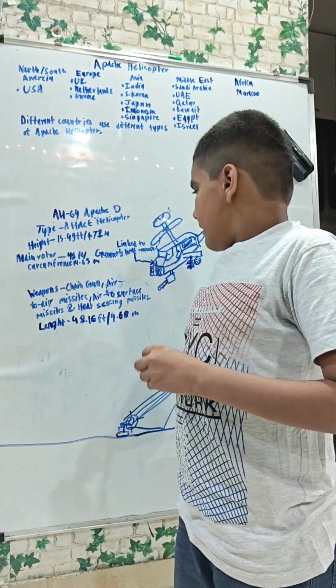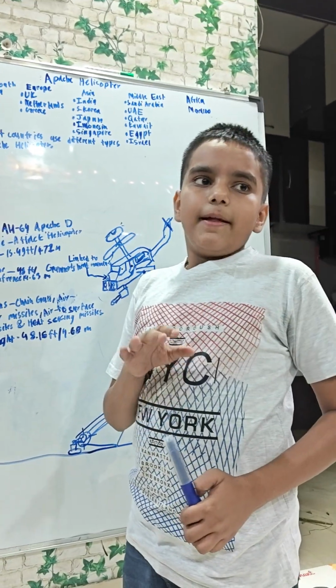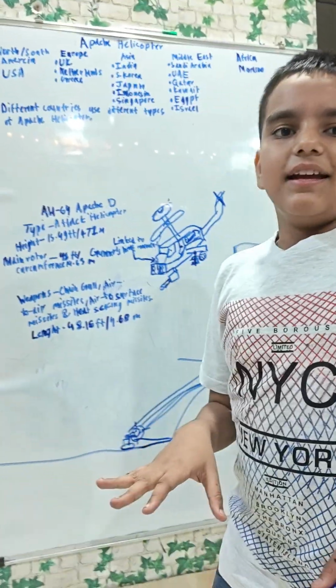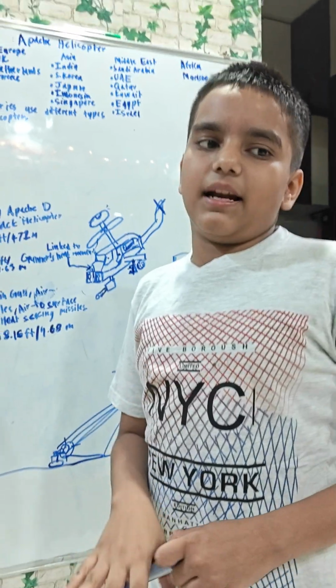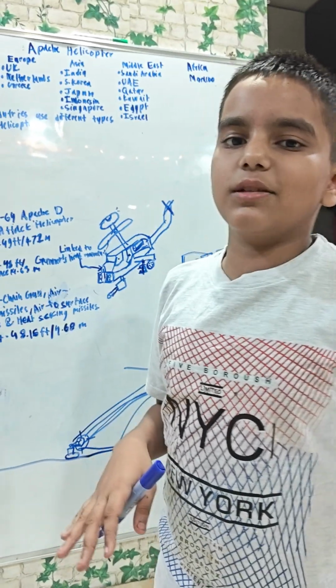So that's what heat-seeking missiles do. And this can also be loaded with AIM-9 Sidewinder missiles, which are also heat-seeking missiles used by the USA.